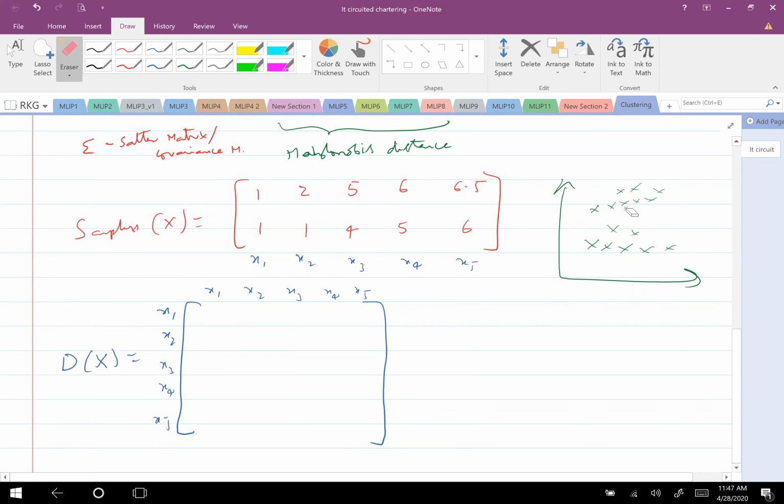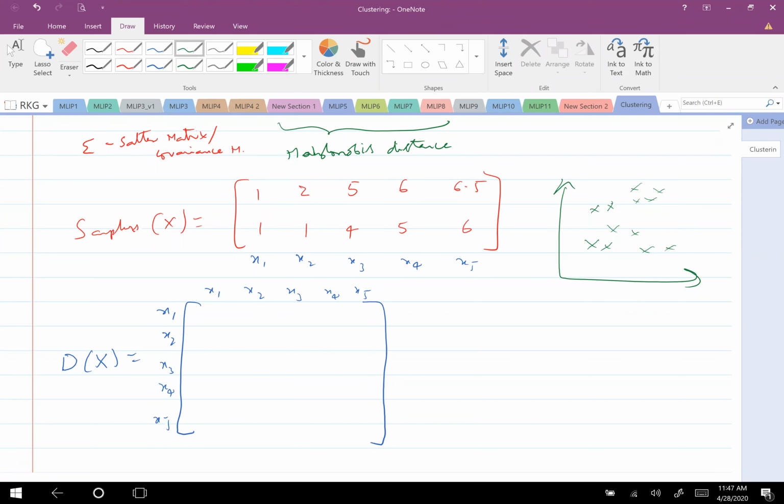Just assume that I give a small break here. I want to do clustering now for these data sets, and I want to bring in 2 clusters. If I use Euclidean distance, what will happen?